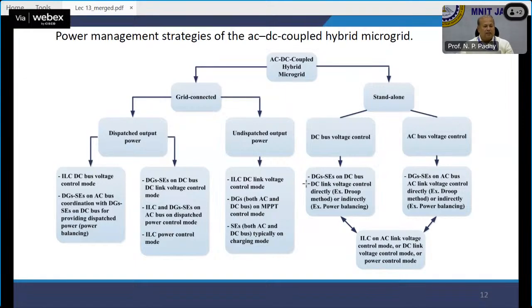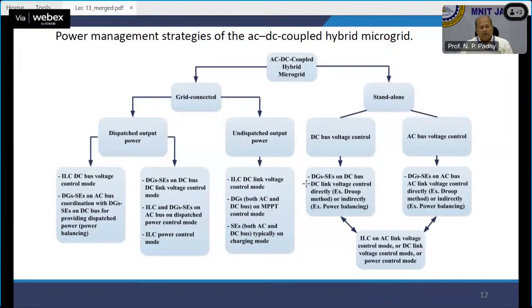Now, dispatched power mode again has two types. One where voltage control mode is for your ILC on the DC bus, then DGs and ACs on the AC bus coordinate with DGs sitting on the DC bus for providing dispatch power. Or DGs and ACs on the DC bus are in DC link voltage control mode, ILC and DGs and ACs on the AC bus are in dispatch power control mode, and ILC could be in power control.